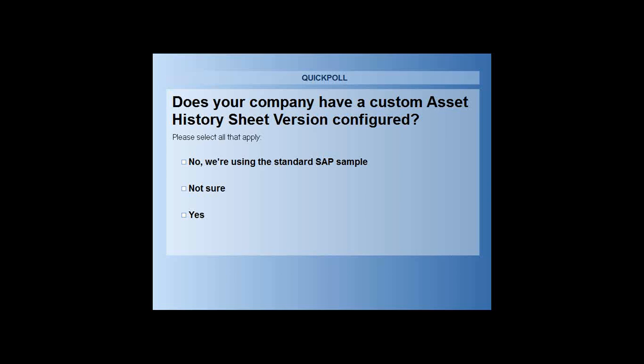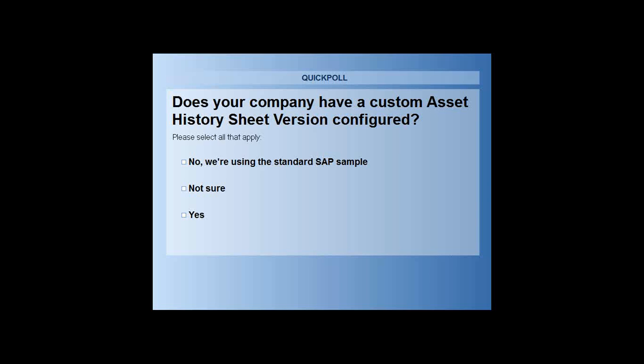About 70% voted, 75%. Keep going, and then I'll share those results. So again, question is, do you have a custom asset history sheet version set up, or do you really use the standard SAP examples? And we're almost done voting here. And I see that 35% of you have your own version set up.